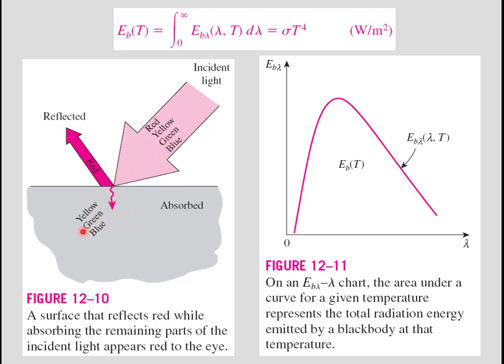Like you can see here, this incident light contains these colors: red, yellow, green, blue. Yellow, green, and blue are absorbed. We don't have any reflection for those, and we have reflection for the red color. So we can only see the red color for that object, actually.